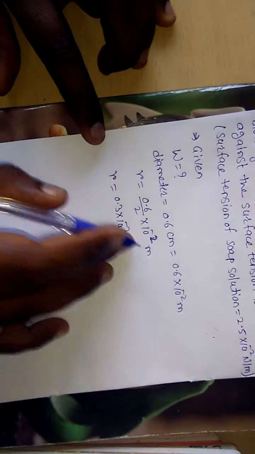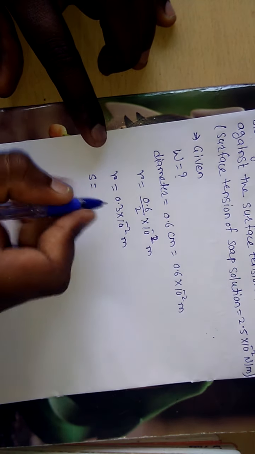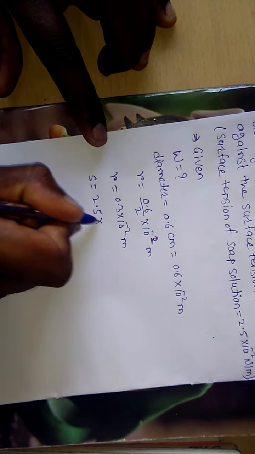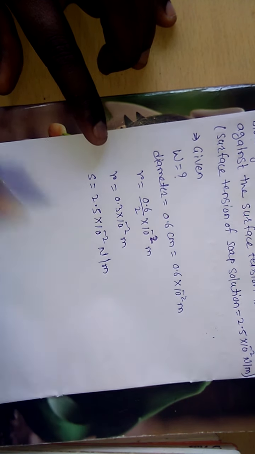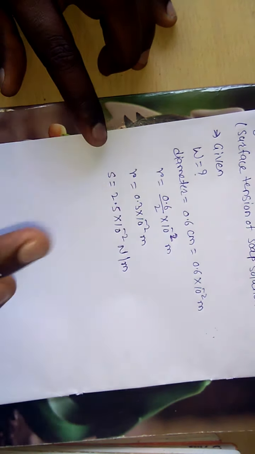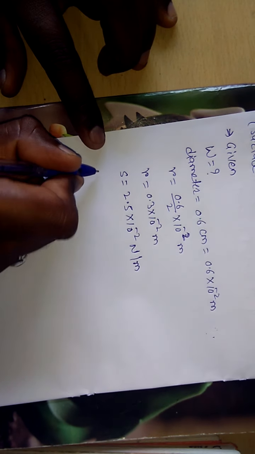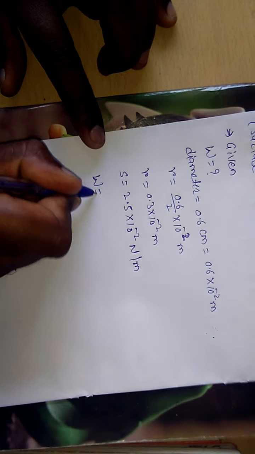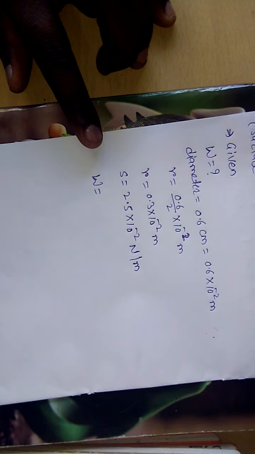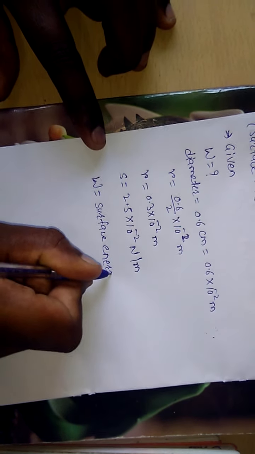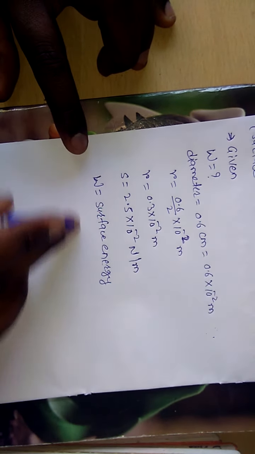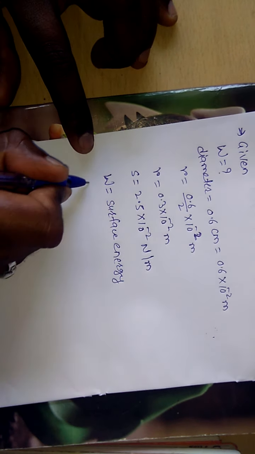And the surface tension of the solution, S, is equal to 2.5 into 10 to the power of minus 2 Newton per meter. Then we have to find the work done. The work done for a soap bubble is nothing but the surface energy.